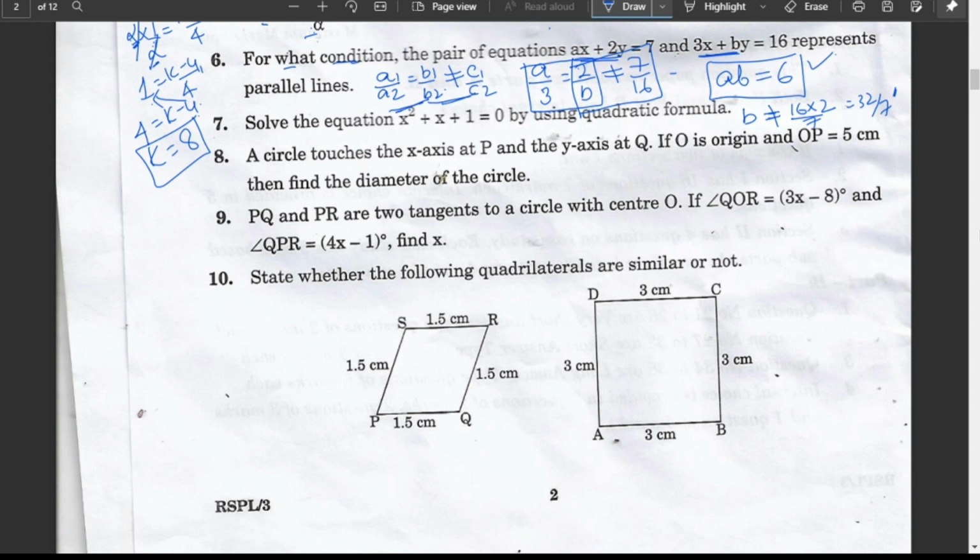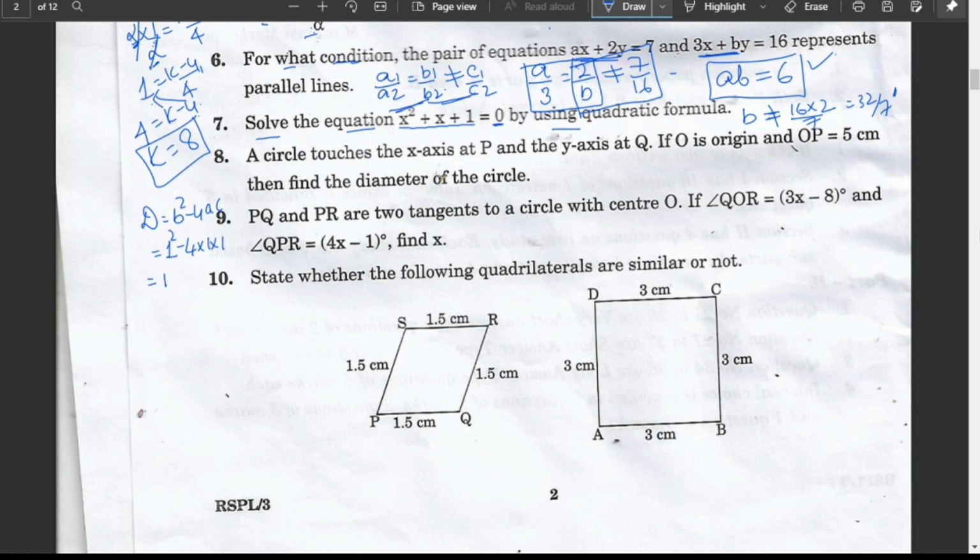Then seventh question, solve this equation x square plus x plus 1 equal to 0 by using the quadratic formula. So quadratic formula means first we'll find out d equal to b square minus 4ac. So here b is 1, 1 square minus 4 into 1 into 1.